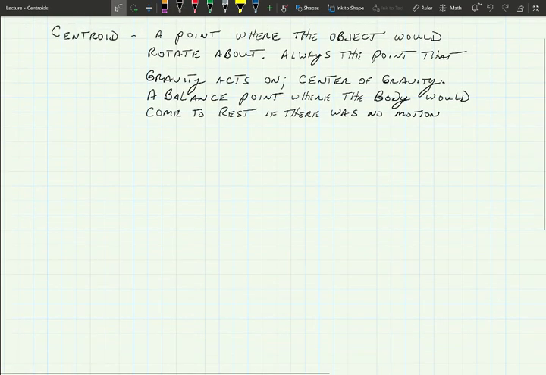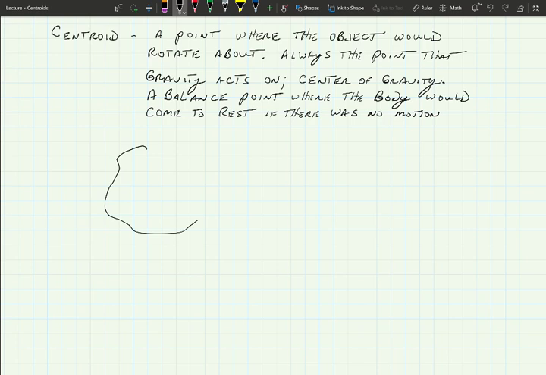All right, so think of it like this. Here's a squiggly object, and you'd like to say it's right there in the center. Well, we don't know. In order to know that, we got to draw some lines through this thing and find where they all intersect, and that would become a center.